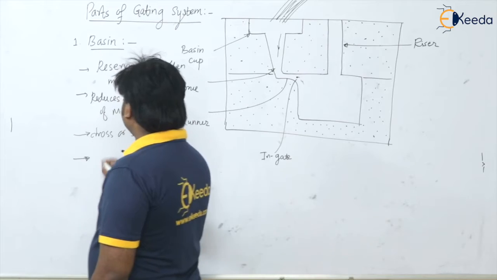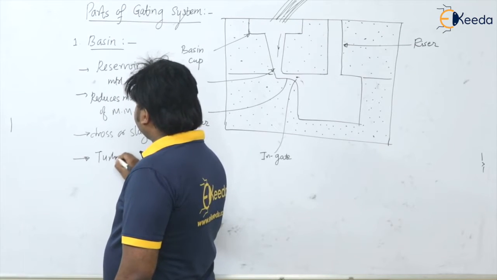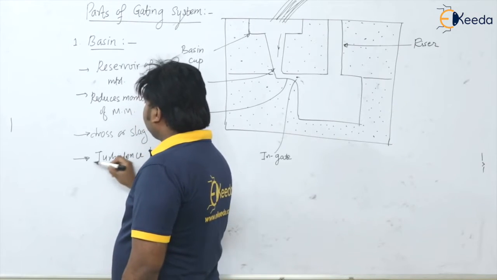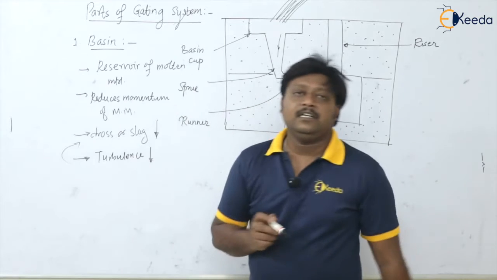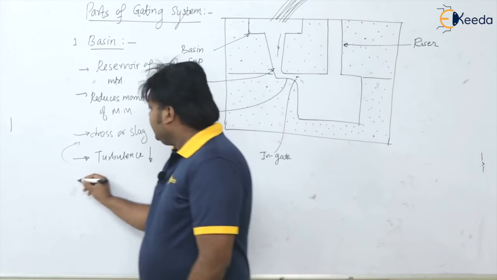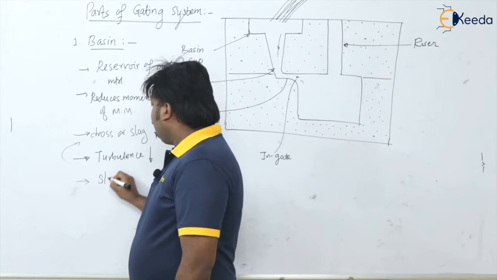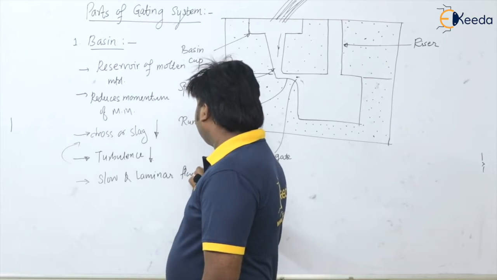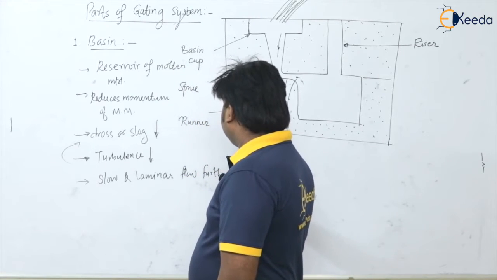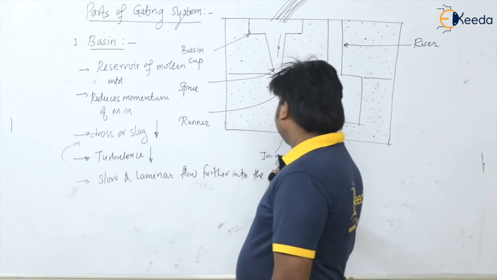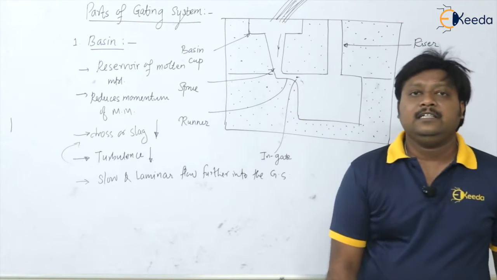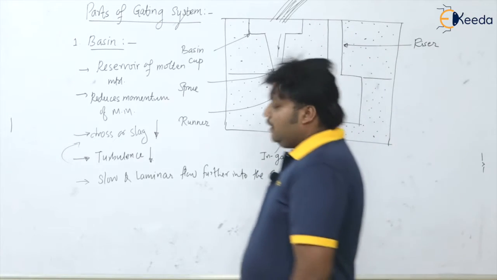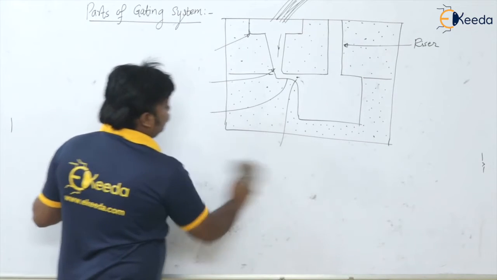Also turbulence gets minimized, and because turbulence is minimized, this dross and slag formation comes down. And very importantly, you will have a slow and laminar flow further into the gating system, isn't it? So these are the functions of provision of the basin. Understood? Now next is the sprue.